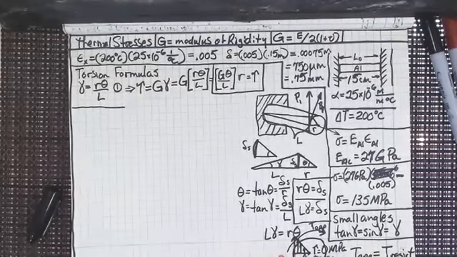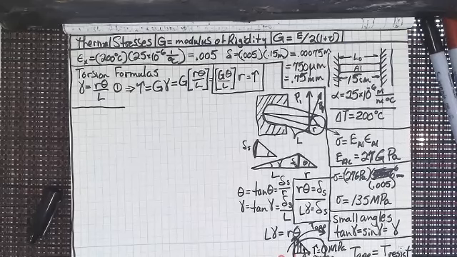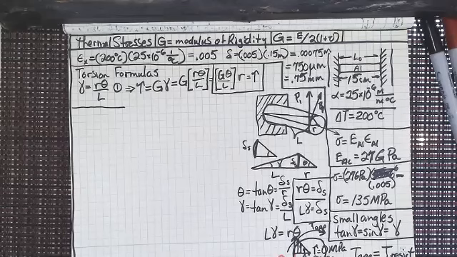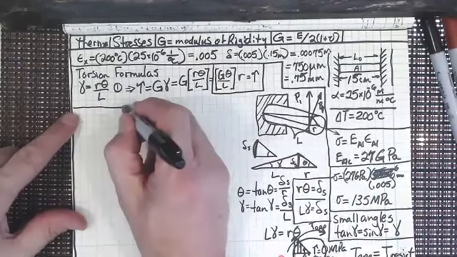Moments have to be equal about that point because it's not spinning. Once I apply it and it's twisted, it stops. There's no more twisting, so it's in static equilibrium. The moments applied have to equal the moments being resisted, from our earlier static equilibrium analysis.